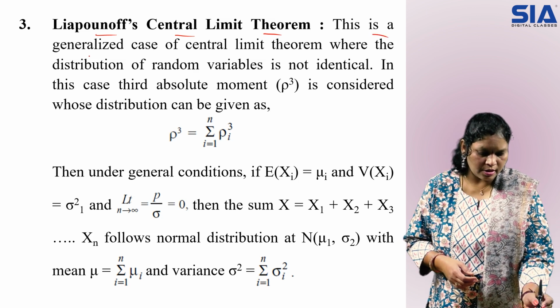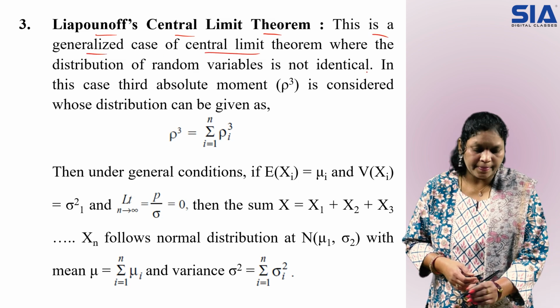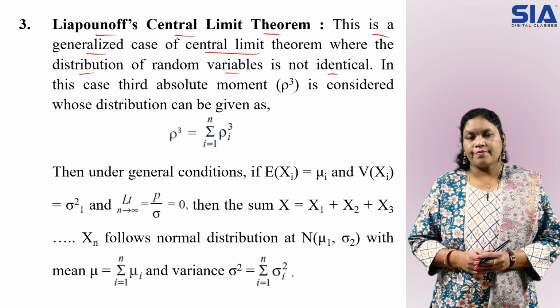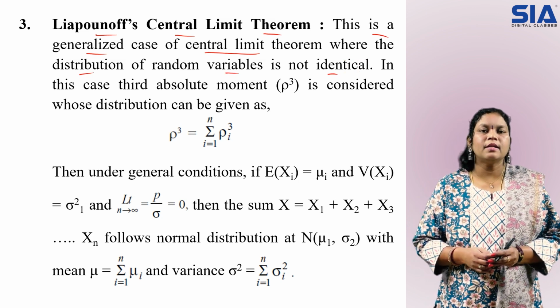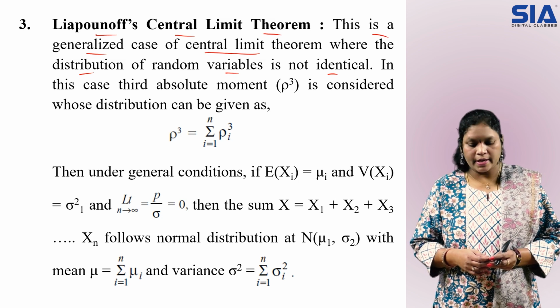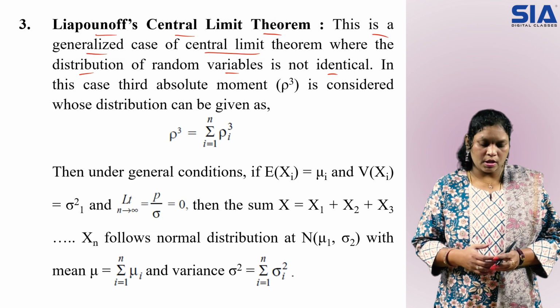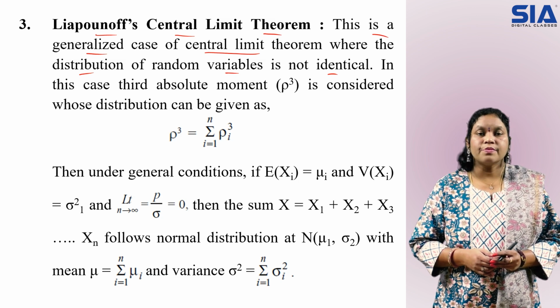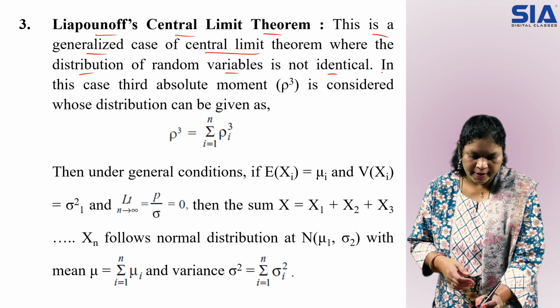So this is a generalized case of the central limit theorem where the distribution of random variables is not identical. Till now we have considered independent identically distributed random variables. Here they specified that they are not identical, so they are not the same. Different distributions we will consider here.